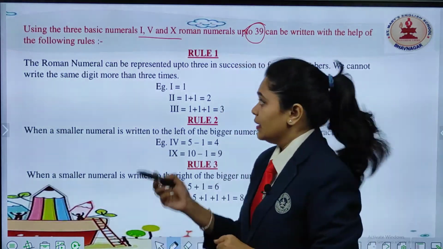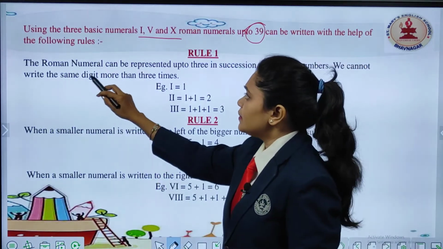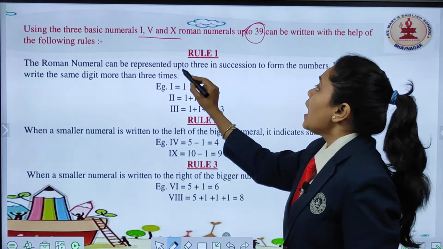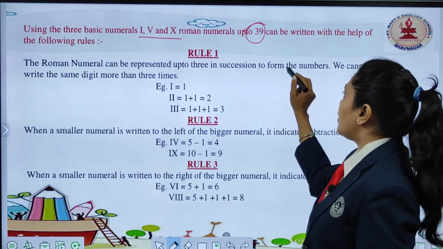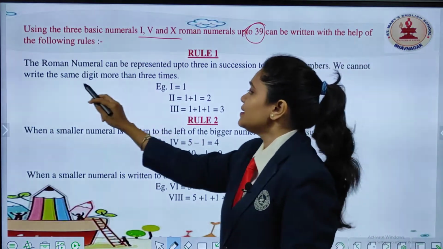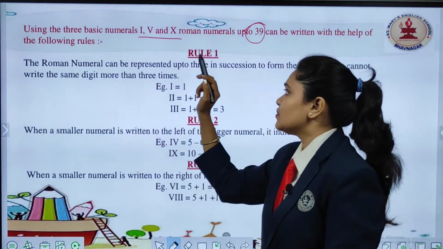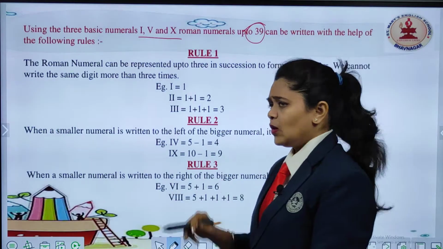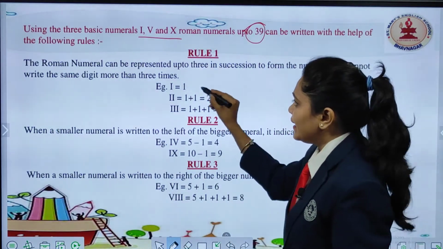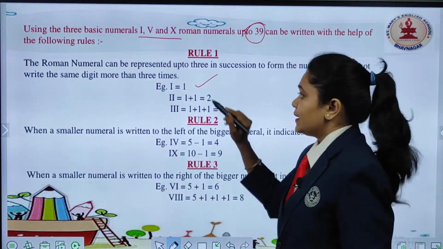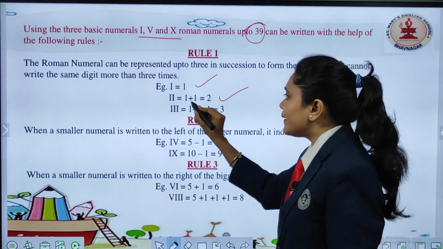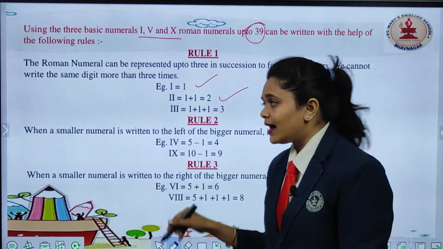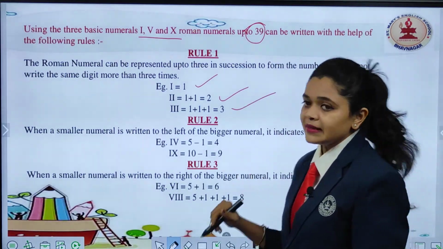Let us see. Rule number 1. A Roman numeral can be repeated up to 3 times in succession to form the numbers. We cannot write the same digit more than 3 times. Okay, let us see how. I stands for 1, double I stands for 2, 3 times I stands for 3.